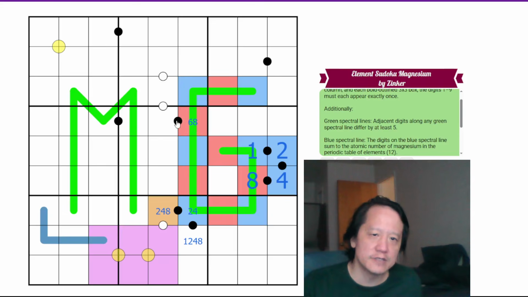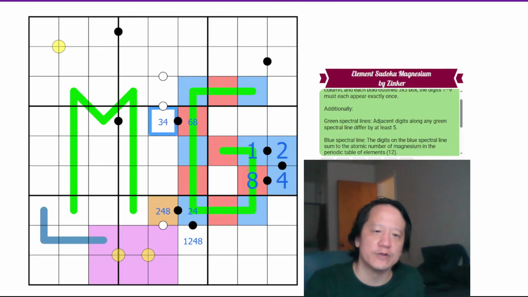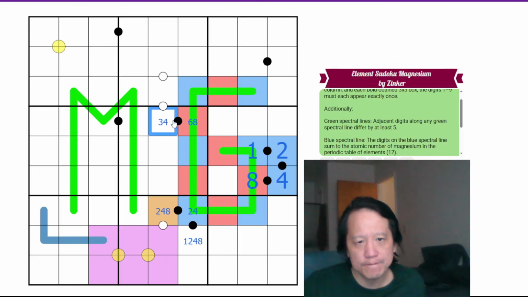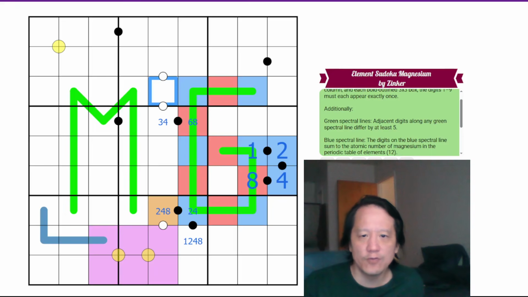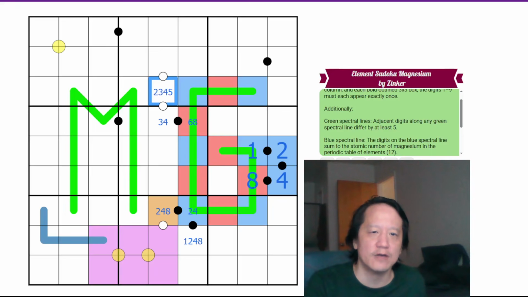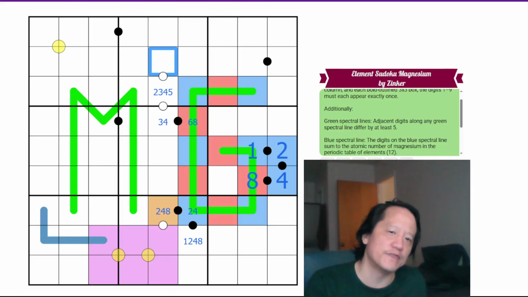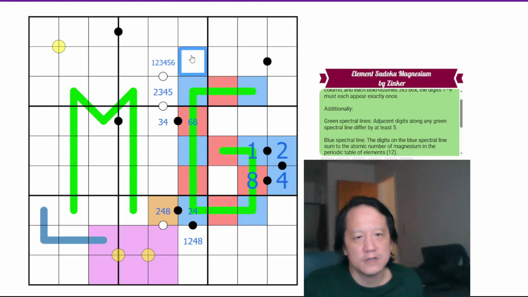So if this is 6 or 8, this would have to be 3 or 4. To be consecutive with 3 or 4, it's 2, 3, 4, or 5. To be consecutive with 2, 3, 4, 5, it's 1 through 6 here as possibilities. So those are what we have there.